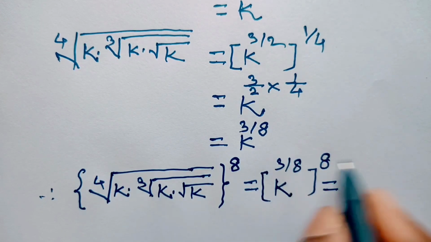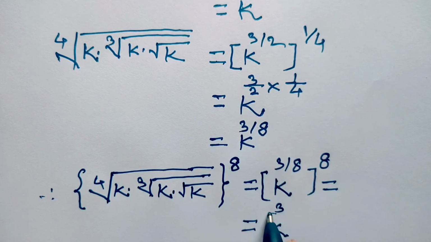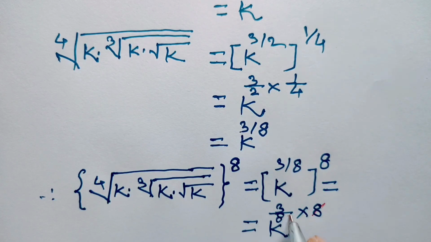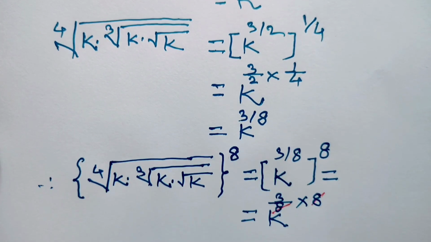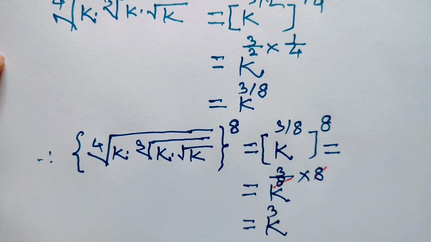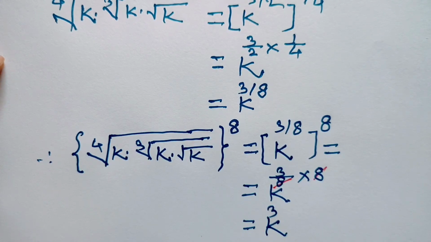This is equal to power of power, multiplication of powers. This is equal to k to the power 3 upon 8 into 8. Now this 8 gets cancelled with this 8, which is equal to k cube. And this is the simplified form of left hand side of the given exponential equation.